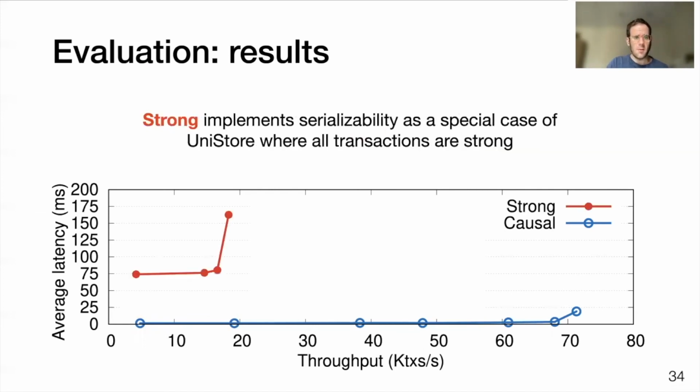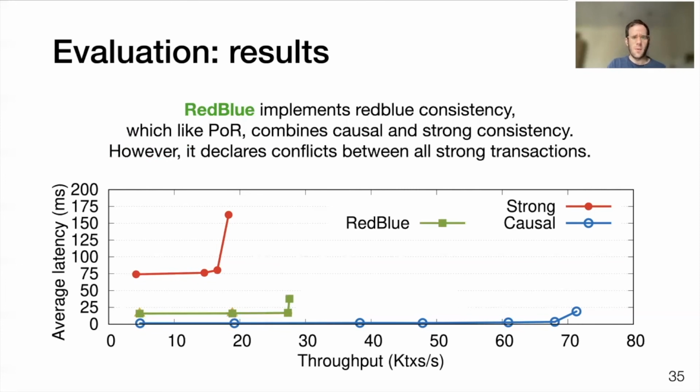A second baseline is Strong, which implements serializability as a special case of UniStore, where all transactions are strong. And the last baseline is RedBlue, which implements red-blue consistency, which is also a hybrid model, and also combines causal and strong consistency. However, it declares conflicts between all strong transactions, so it allows less concurrency than UniStore.